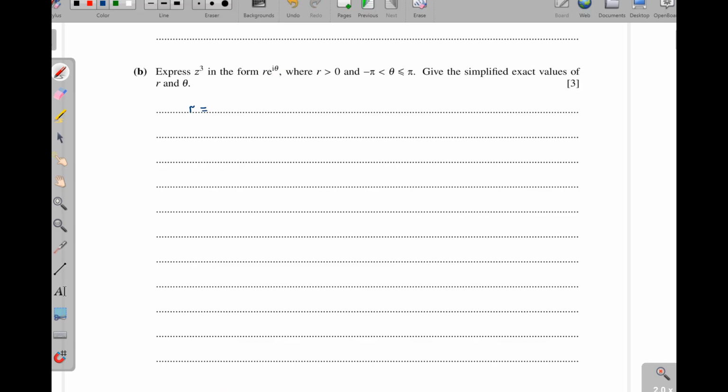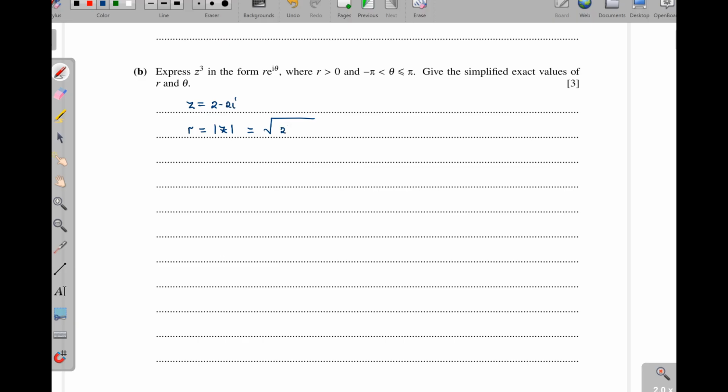So r is equal to the modulus of z. I'm going to first find z in this format, then after I cube it. So remember our z, we have z as 2 minus 2i.